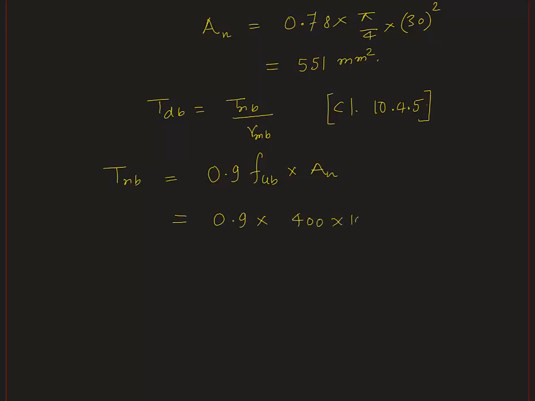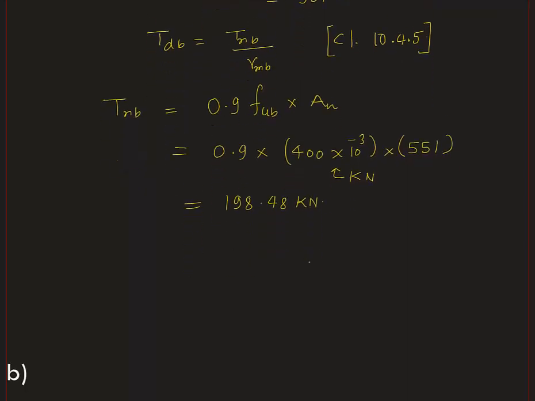So let us multiply by 10 to the power minus 3 to convert the forces into kilonewton, and then the area will remain in millimeter, that is pi by 4 into d square, basically 78% of that. We have already calculated this value, that is 551. So if I calculate all this, we will get 198.48 kilonewton. So this is the value for TNB.